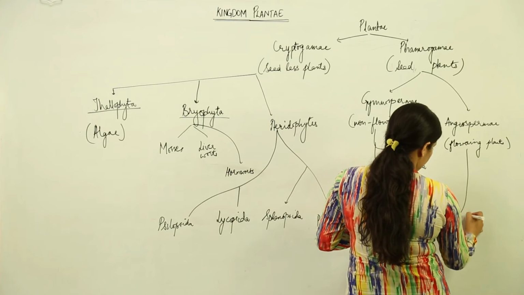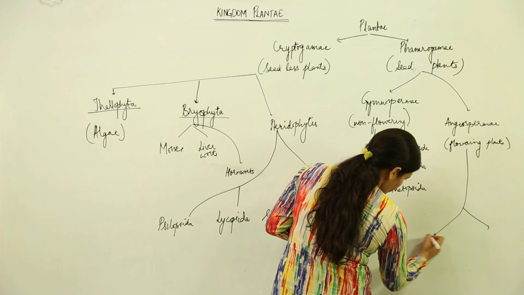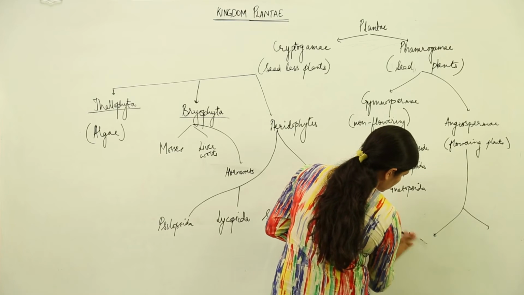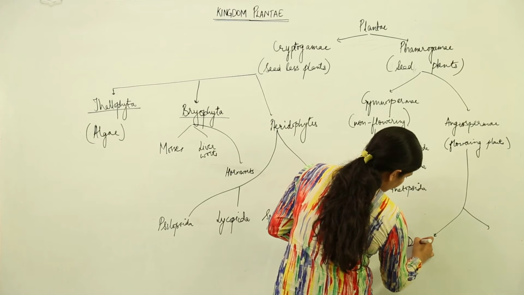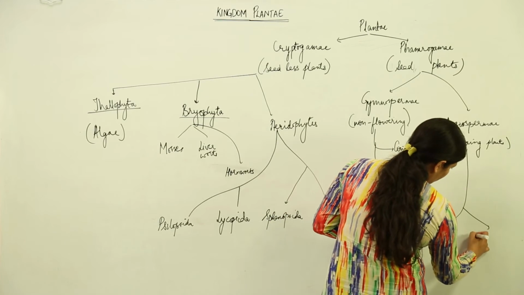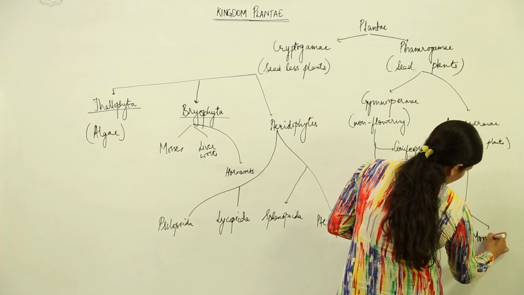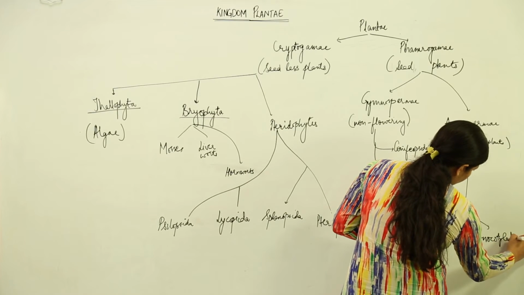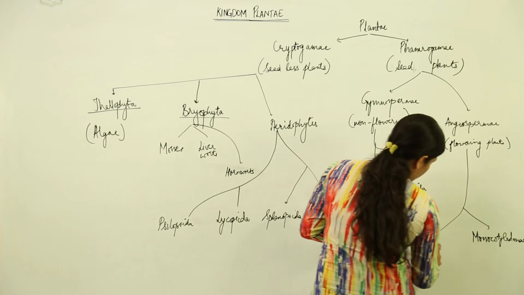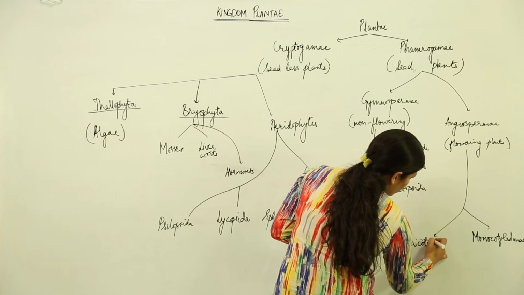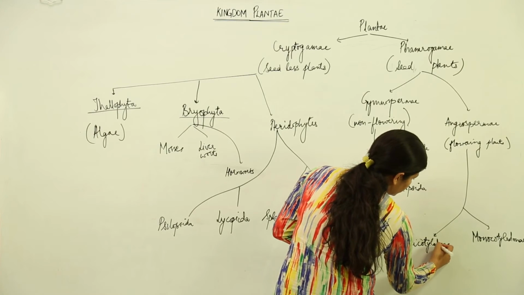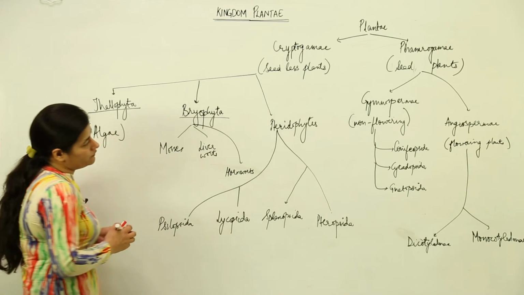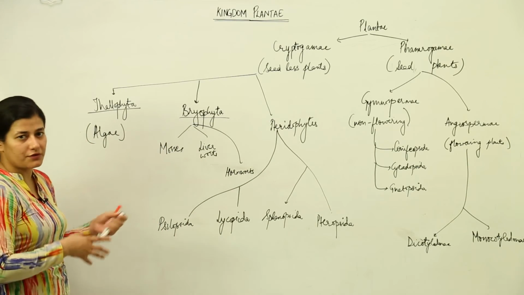And in angiosperms, we have monocots and dicots. Better to write monocotyledony and dicotyledony. So these are the classes of the plant kingdom that we have with us. We are going to revise it.